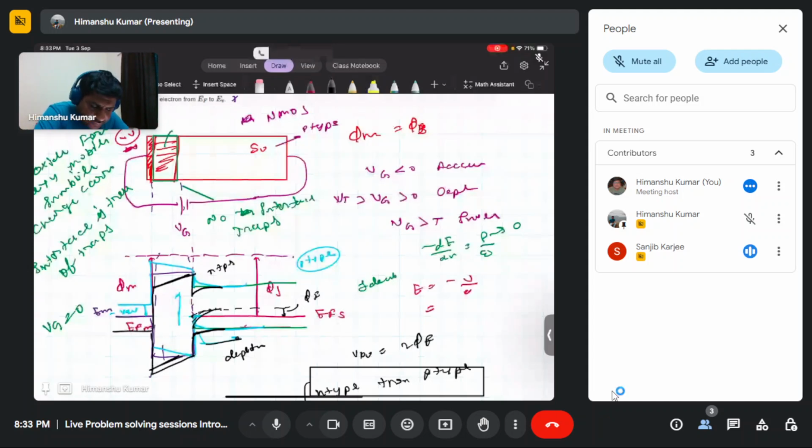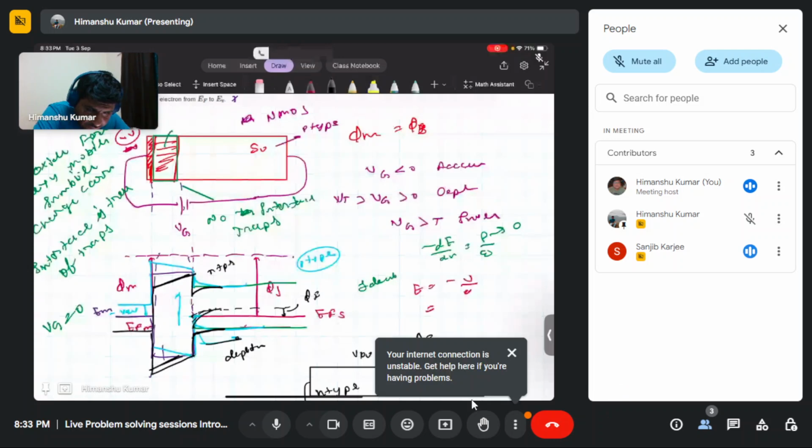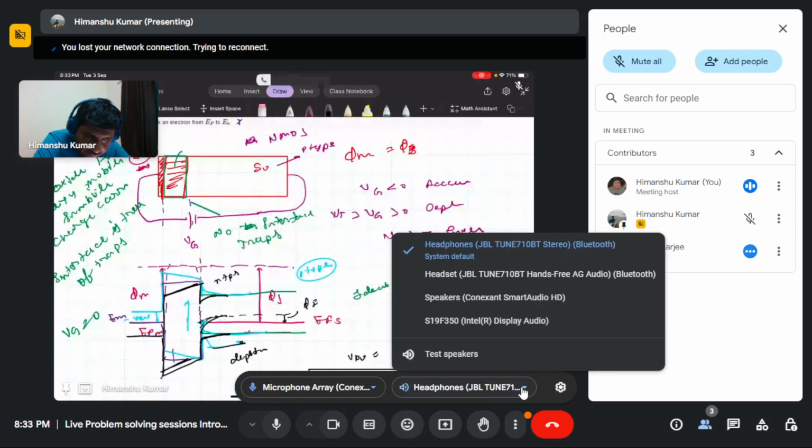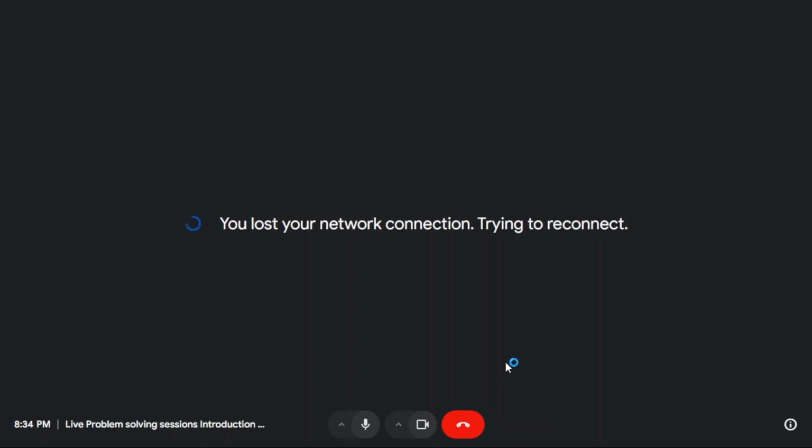P-type and N-type, changing this, what happens? P-type to N-type and N-type to P-type.